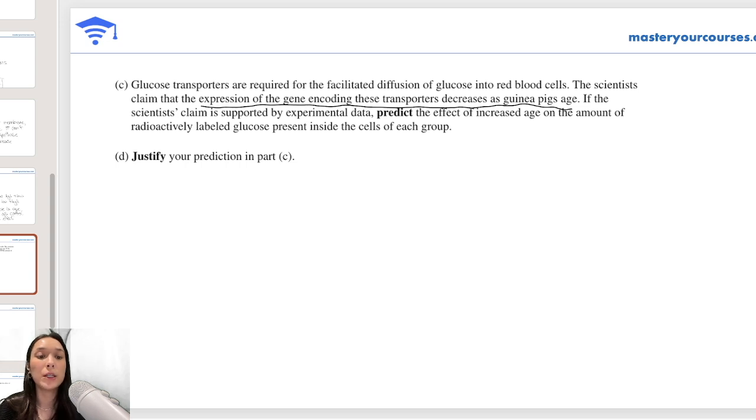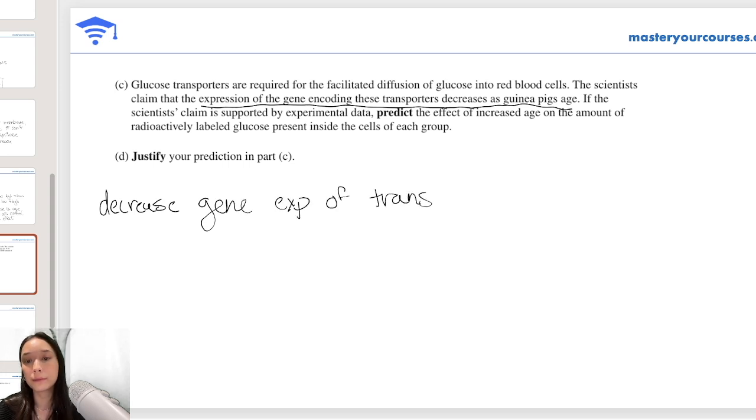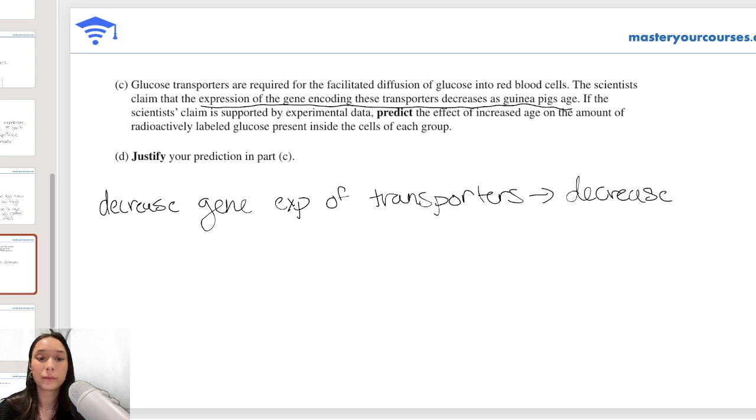So if I'm decreasing expression, so decrease gene expression of transporters, you have to mention that that would then decrease the number of transporters. So yes, it's a decrease in gene expression, but we know that a decrease in gene expression is going to result in a decrease in protein level. So you're going to decrease protein level, or just decrease the number of transporters.